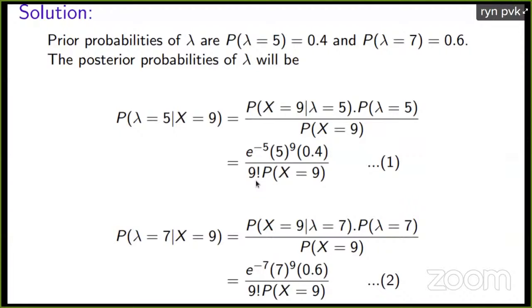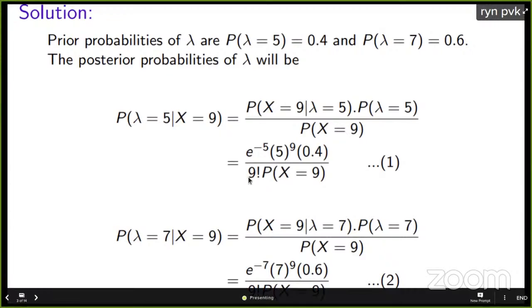It is 0.19. So 0.19 divided by probability that x equal to 9, right? So everything is 0.19, and divided by probability that x equal to 9, correct? After calculating all, I am getting 0.19.